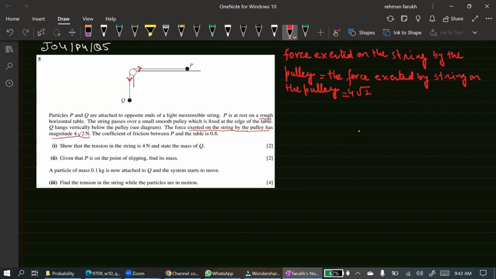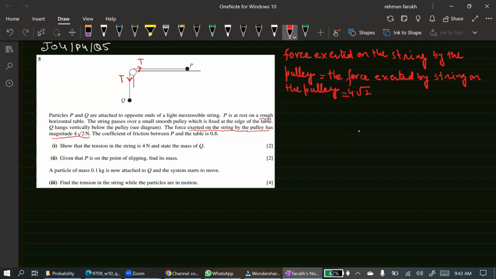The tension in the string is exerting a force on the pulley from two sides: one from the horizontal table, and the other from the vertical string. Now the pulley is smooth, and you know tension always acts away from the object, so with respect to the pulley it will act towards the right and downward. And the tension in the two strings is the same because the pulley is smooth.